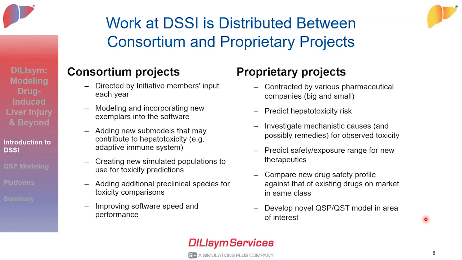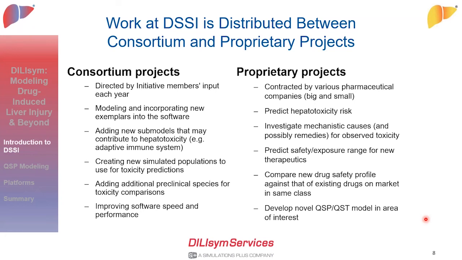And then in terms of proprietary projects, we've worked with various pharmaceutical companies, big and small, and for DILIsym, we're looking at hepatotoxicity risk. So if their compound is showing liver signals. And the idea there is, since DILIsym is a systems pharmacology model, we're able to look at the actual mechanisms that might be at play in assessing the risk of liver injury.